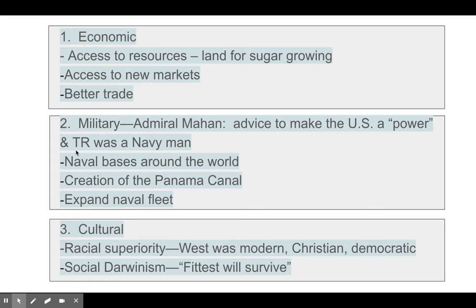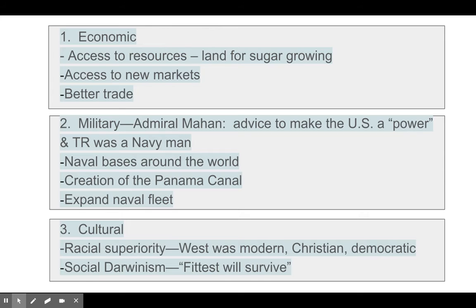It's Teddy Roosevelt. This is before he becomes president. He is a Navy man, and then he's going to become president in the middle of this. He was actually a vice president, but the president at the time was killed, and so he becomes the president. Anyways, these two guys, Admiral Mahan and Teddy Roosevelt, are going to be big on the United States having a big military presence.